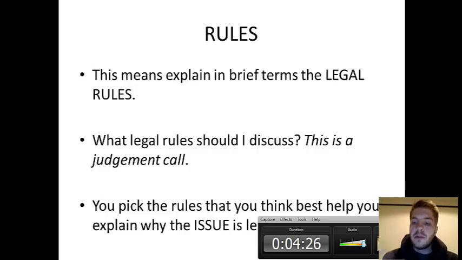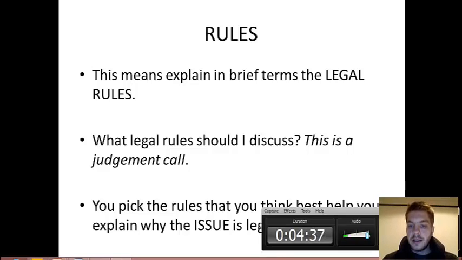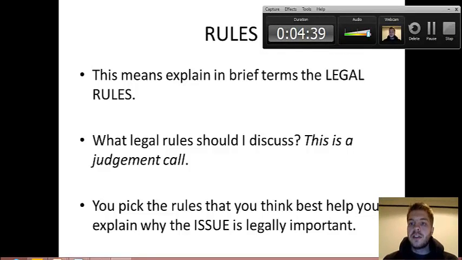Once you've found all the legally relevant issues, for each of those issues, you have certain laws that exist surrounding those issues. So, for example, if you see a bias issue or an illegality issue, certain cases will come to your mind.